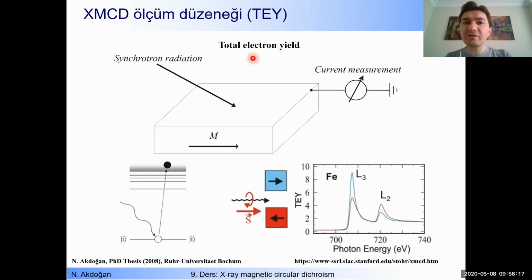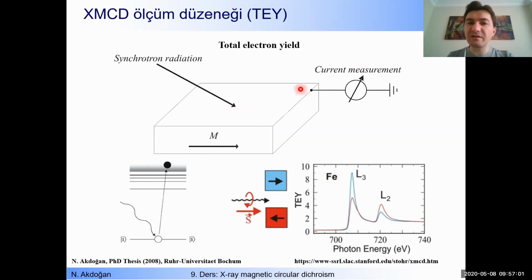So this is the total electron yield. So what about the thickness? We can get information from, let's say, 5 nanometers from the surface. You cannot get information from deep because the photoelectrons or Auger electrons, which are produced in deeper levels of the sample, cannot go out because they lose their energies until they reach the surface.